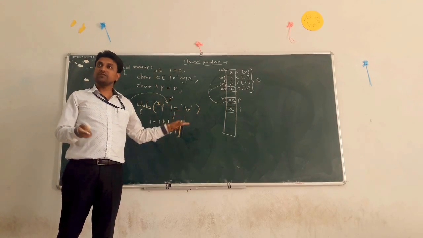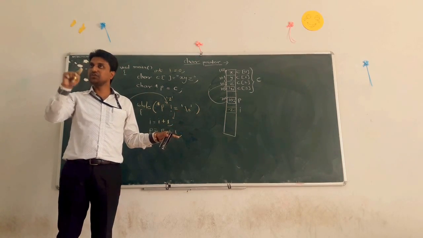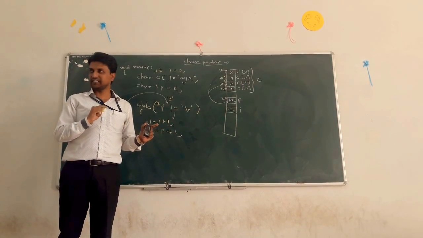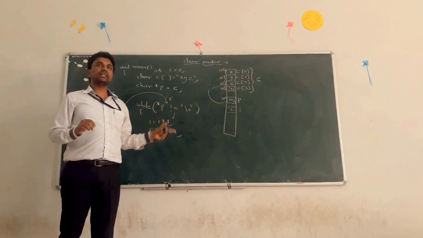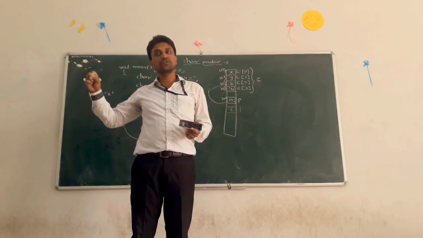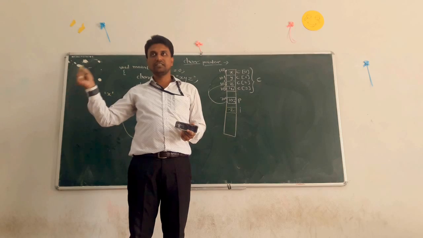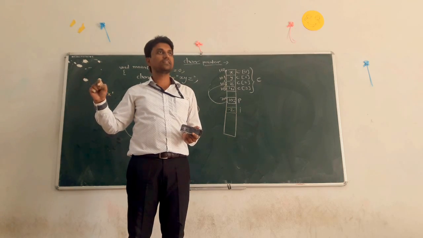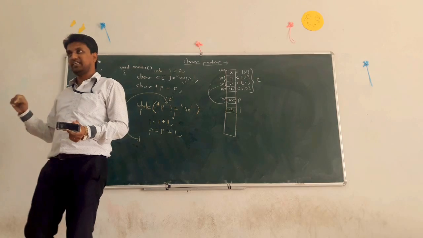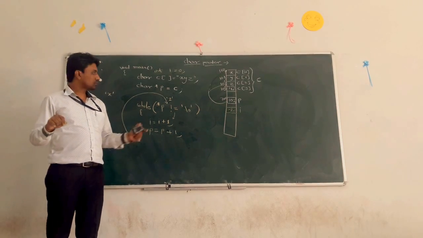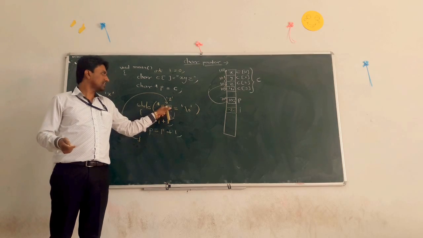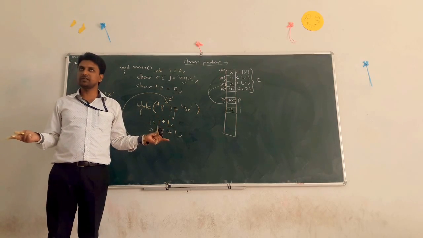The ASCII of slash 0, the null character, is 0. The ASCII of small z is 90, and 65 is the ASCII of capital A. Clear? So these are mismatched because they are integer values, and integer values we can compare using the not equal to operator.